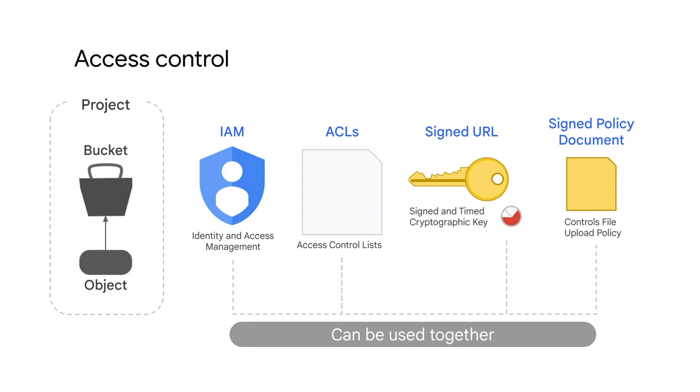Access control lists, or ACLs, offer finer control. For even more detailed control, signed URLs provide a cryptographic key that gives time-limited access to a bucket or object. Finally, a signed policy document further refines the control by determining what kind of file can be uploaded by someone with a signed URL. Let's take a closer look at ACLs and signed URLs.